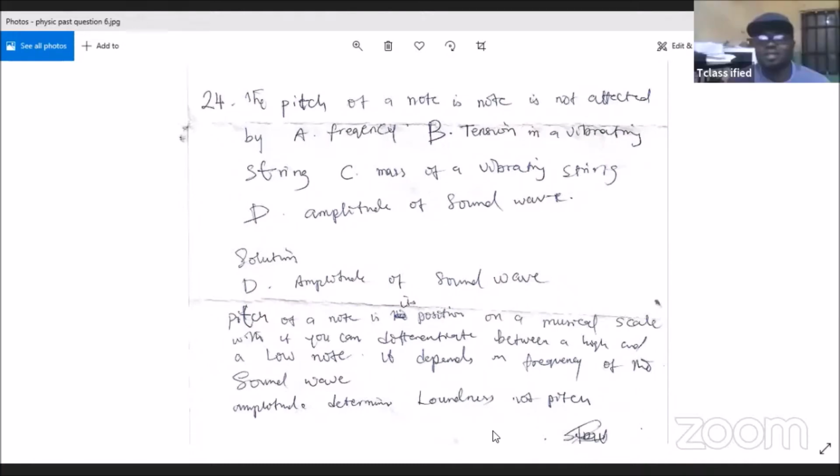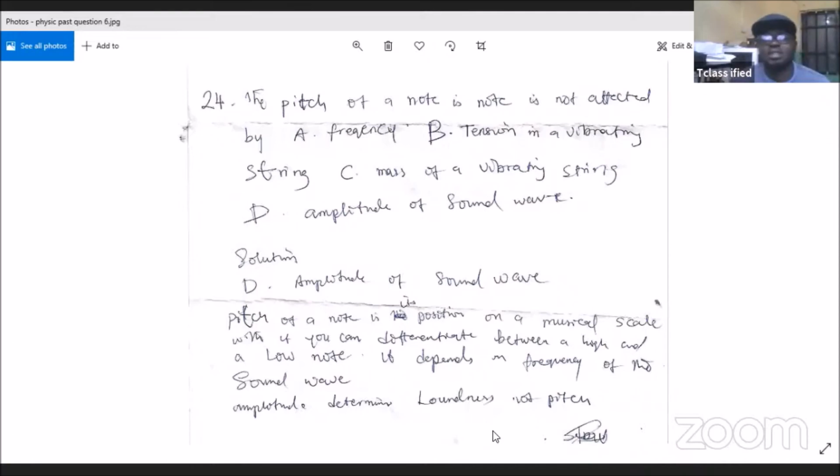Now, the answer is actually the amplitude of the sound wave, because pitch of a note is simply the position of that note on a musical scale. And with the pitch, you can easily differentiate between a high note or a low note. And pitch is dependent actually on the frequency of the sound wave. Another quality of sound that we can talk about is loudness or intensity.